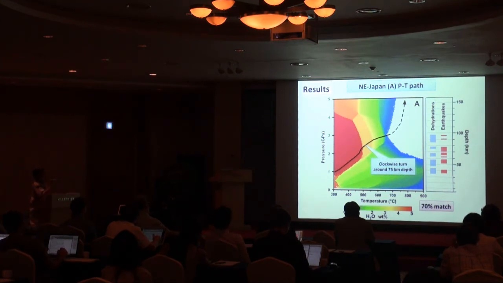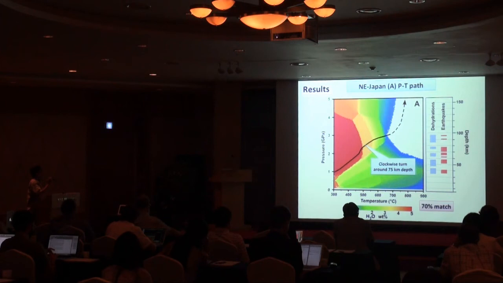This curve shows a clockwise turn around 75 kilometer depth, like this. This white area is totally dehydrated, so we can't estimate after total dehydration because no dehydration will occur in this area. So our estimate is here, and this is the suspected PT path.